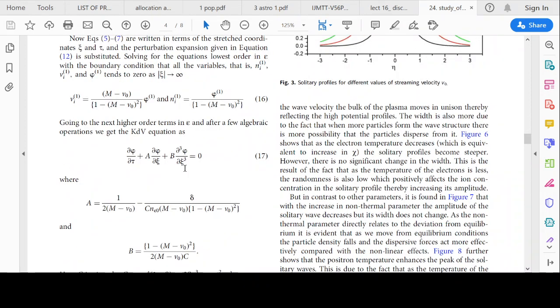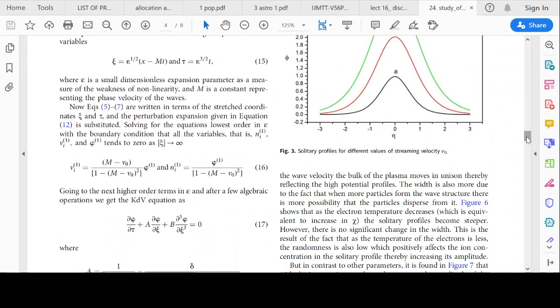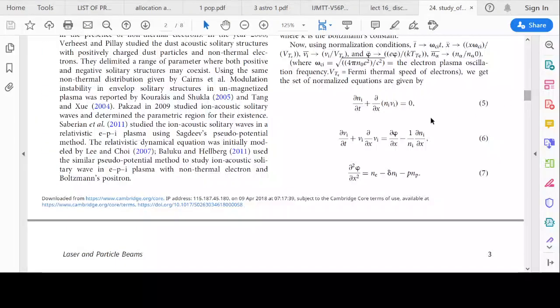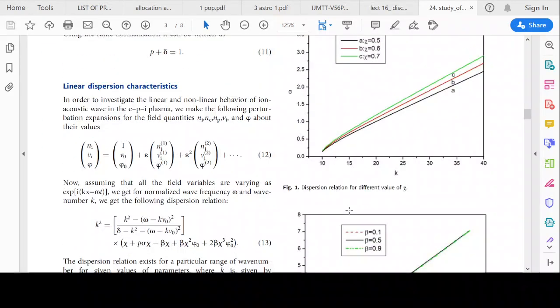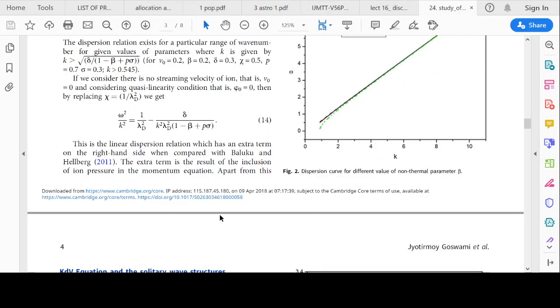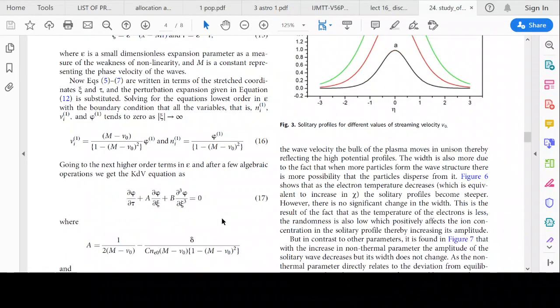There was no KdV-Burgers equation, so it's good that you don't have that resistive term minus R. Those who will be doing the KdV-Burgers equation will have eta times del 2 vi by del xi 2, after normalization del x 2. After normalization you will get this. So this paper we haven't put normalizations.